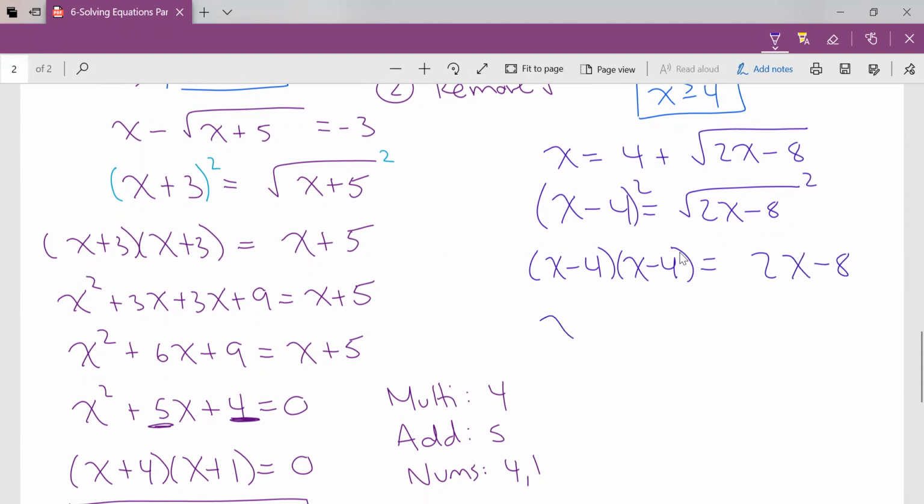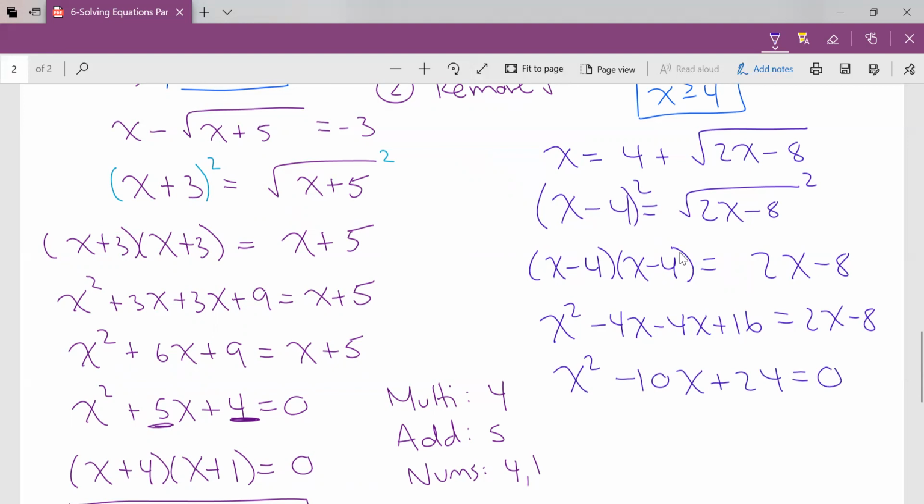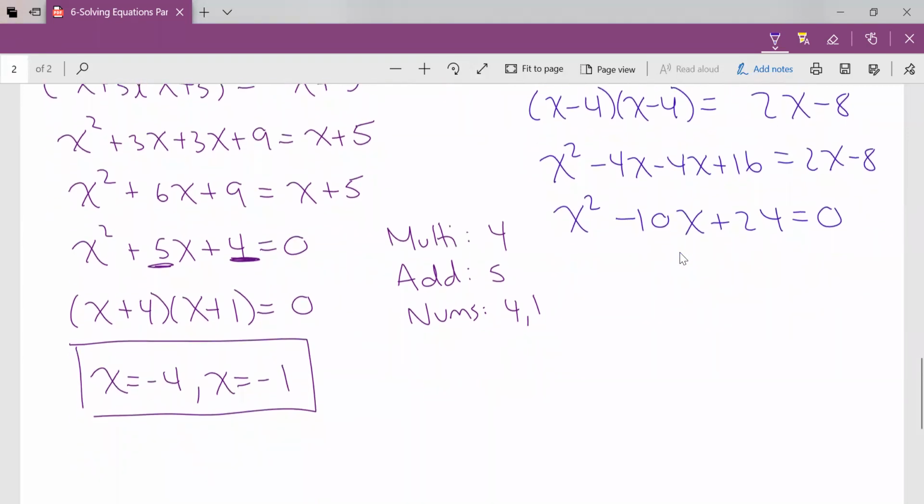Okay, we distribute out the two binomials. If you like to say FOIL, that's the time to say it. Okay, plus 16. What we're going to do now is we're going to bring everything to one side. So this will be x squared minus 8x minus 2x is minus 10x plus 24 equals 0. It's a trinomial, so when we're factoring, we have to have one side equal to 0.